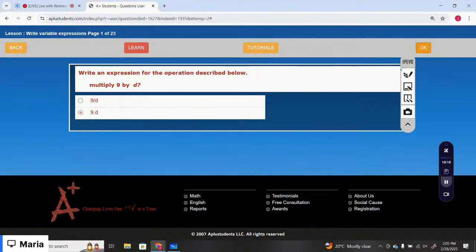Option number 2 is the correct option. Write an expression for the operation described below. 7 plus u. So you have to add 7 plus u. Option number 1 is the correct option.